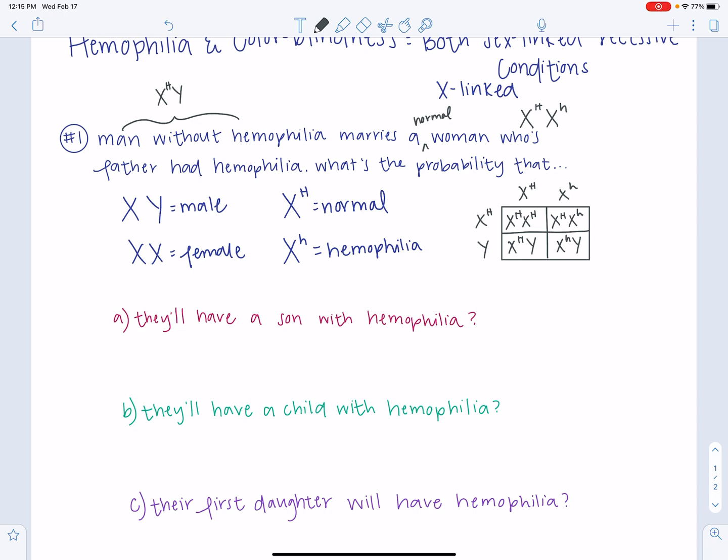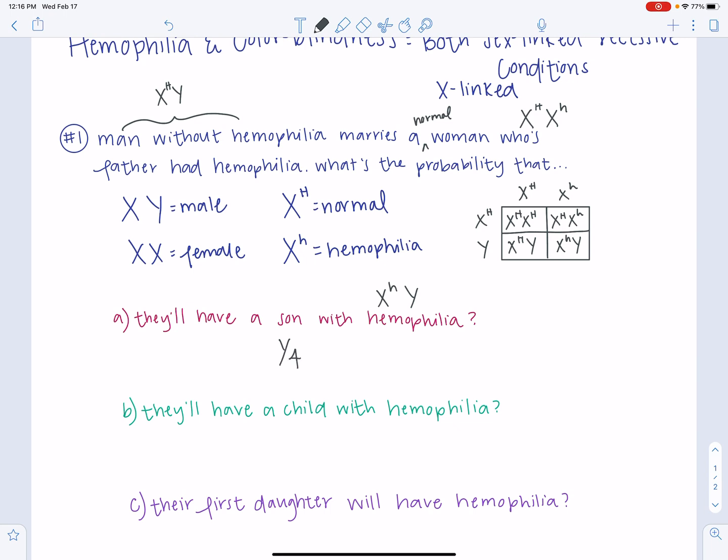They aren't specifying that they already have a son or that it will be their first son. So we'll just ask, what's the probability that they would have a son with hemophilia? The genotype we're looking for here is XhY. When we look at our Punnett square, that's a 1/4 chance.